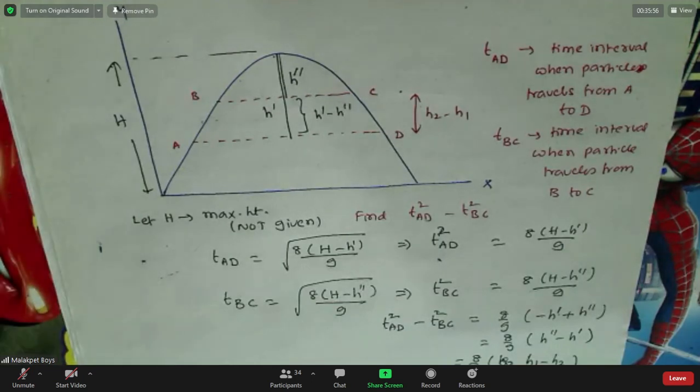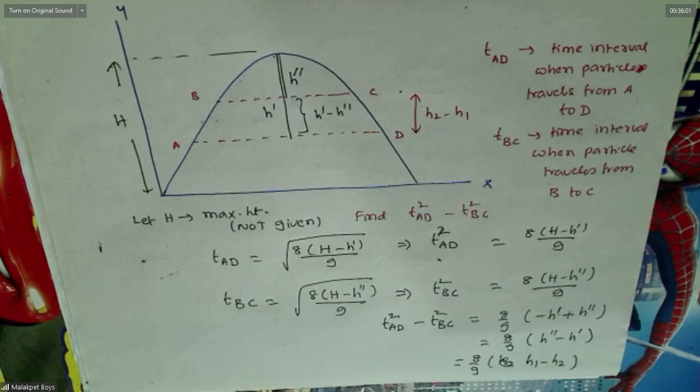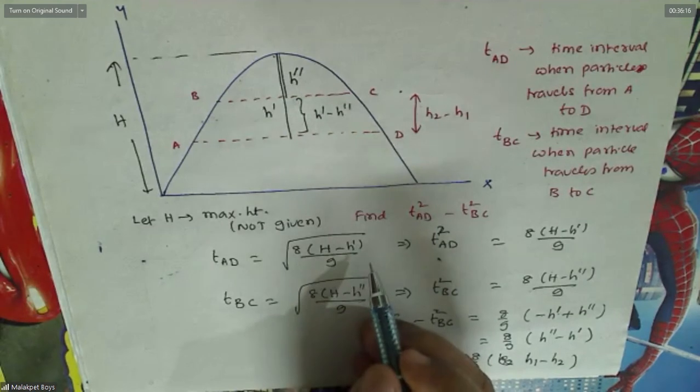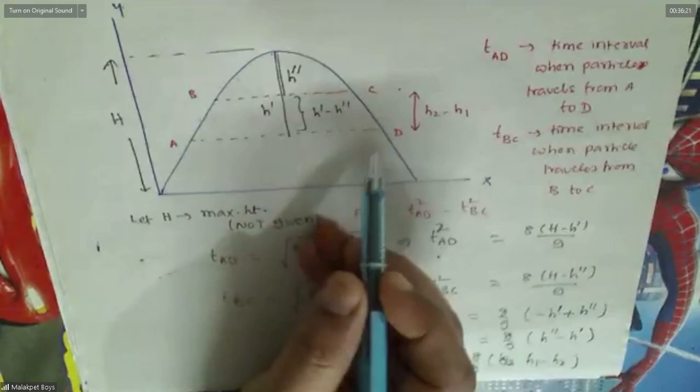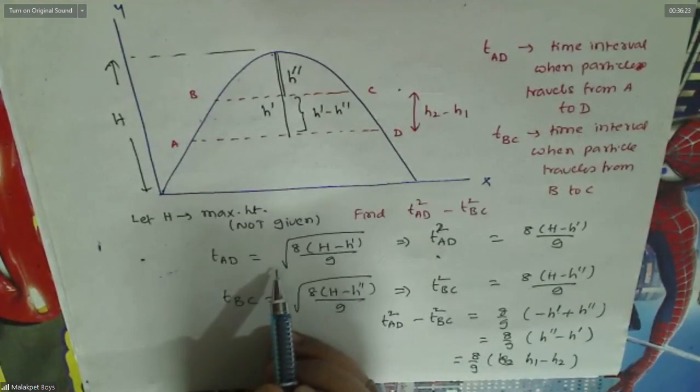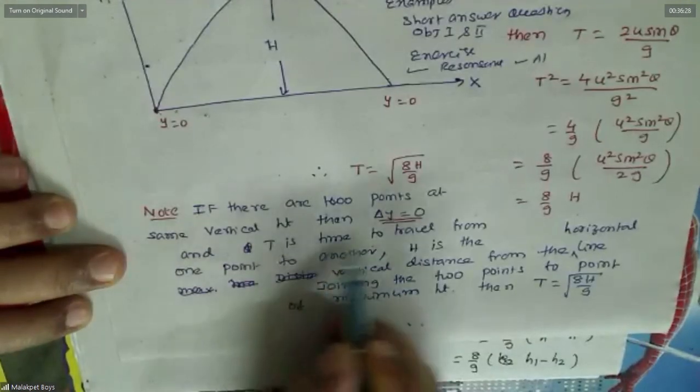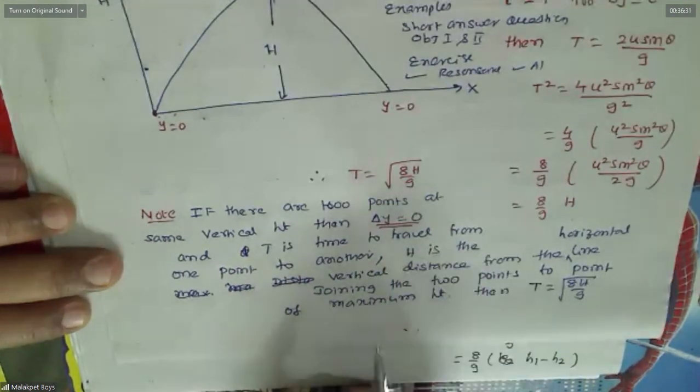Finished? Sir, in T of root over 8 into (H minus H dash), we will get the other height now, sir, from ground to A. No, AD. This one only you're talking? What is it you have written? Sir, vertical height. See, that one I am saying.